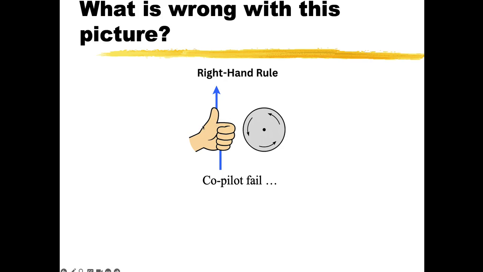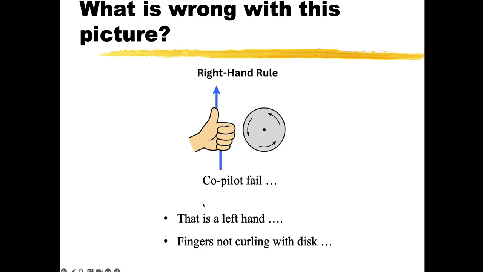By the way, if you're in the testing center during this exam and you see one of your peers with their left hand up in the air curling their fingers, you know that they're doomed because it's the right hand rule, right? So the first fail is that you're looking at a left hand. The other fail here is that the fingers are not curling with the disc. The disc is spinning counterclockwise as you're looking at the screen.